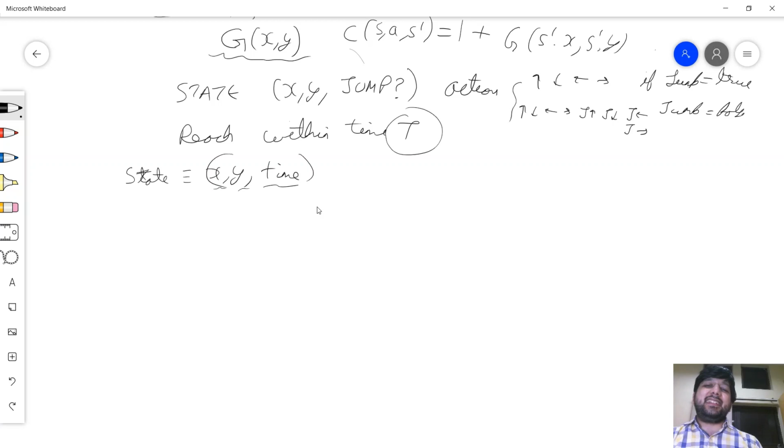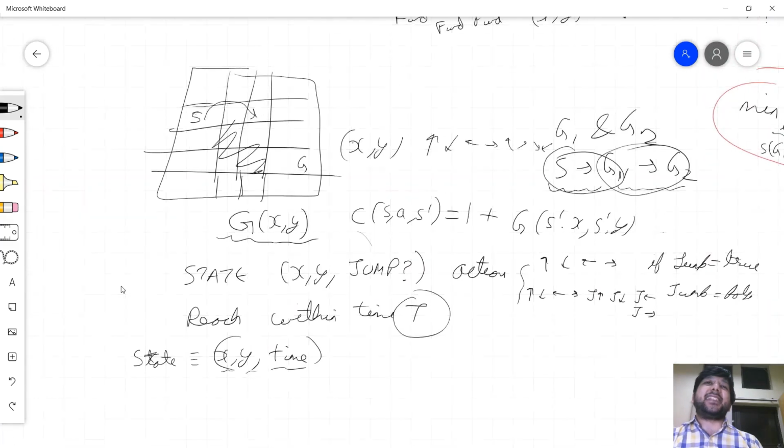Let's take the same grid problem, same state. So I say that there is a person who is going like this, and the trajectory of the person is exactly known.